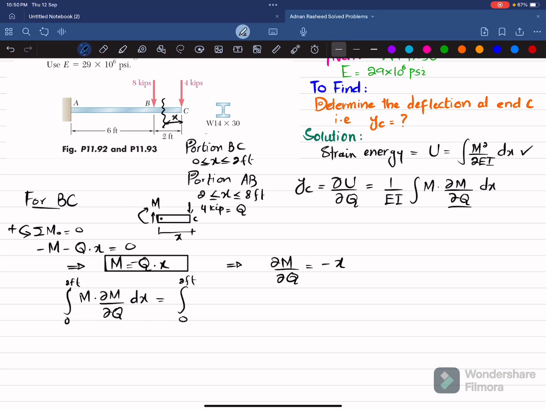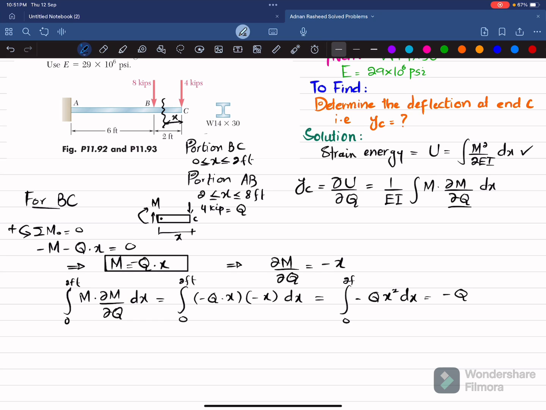M is equal to minus Qx, and this partial M over partial Q is minus x into dx, which will give you minus Qx squared into dx.